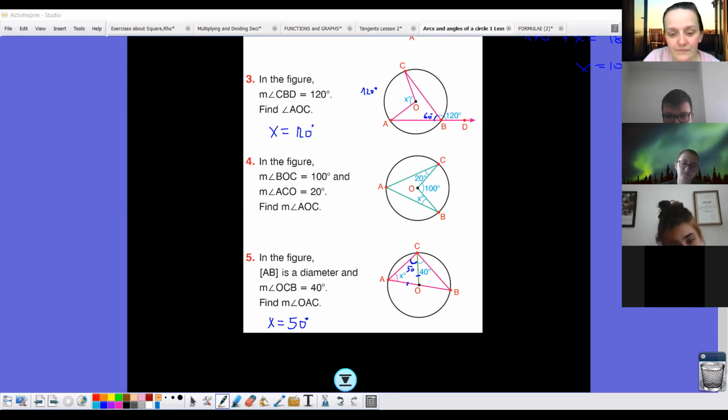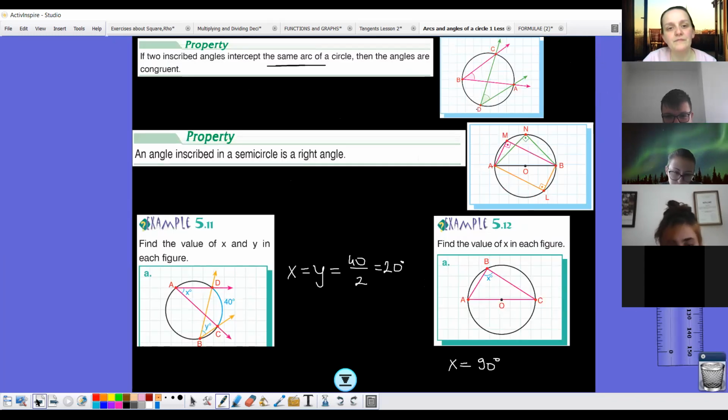Let me show you the property. An angle inscribed in a semicircle is a right angle. Look, the diameter is here. This part is a semicircle and this part is a semicircle, half of the circle. The arc is 180 degrees.